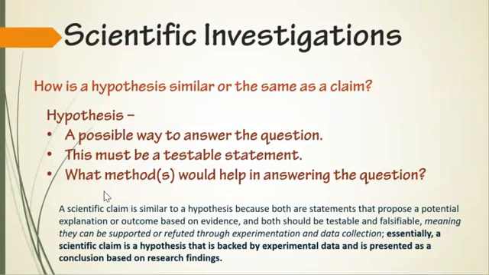But here in the bold, essentially a scientific claim is a hypothesis that is backed up by experimental data and is presented as a conclusion based on a research finding. So a claim has been done, while a hypothesis is going to be done. A claim takes that hypothesis, and you already found evidence for it, so you're able to make that claim.